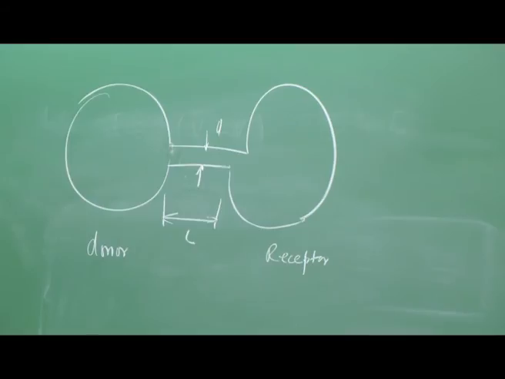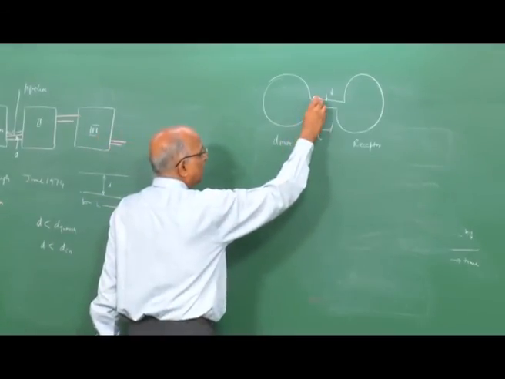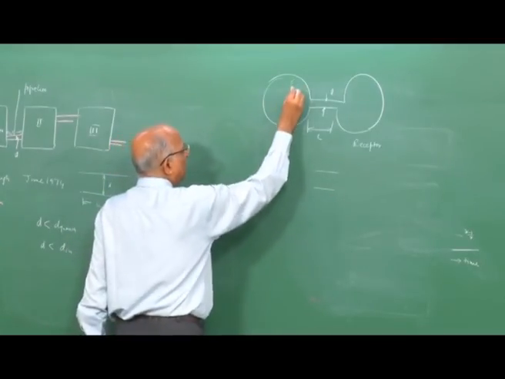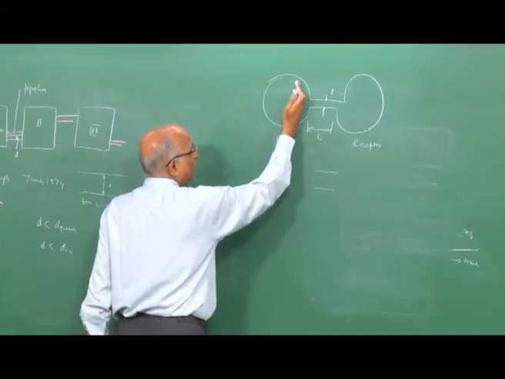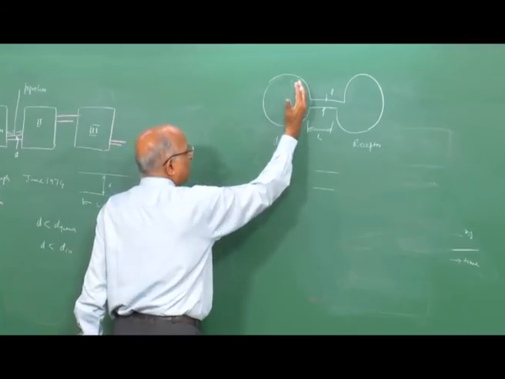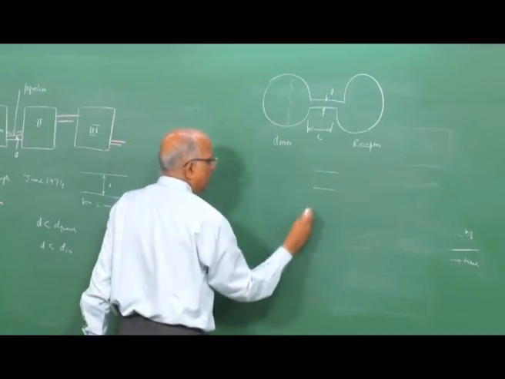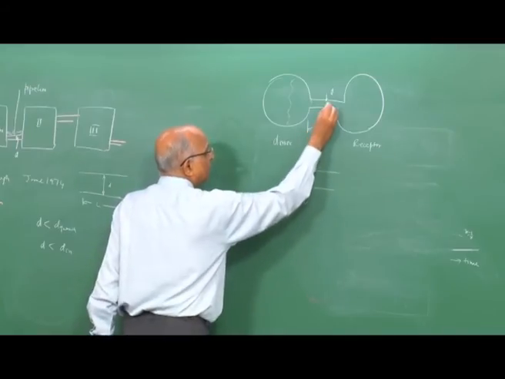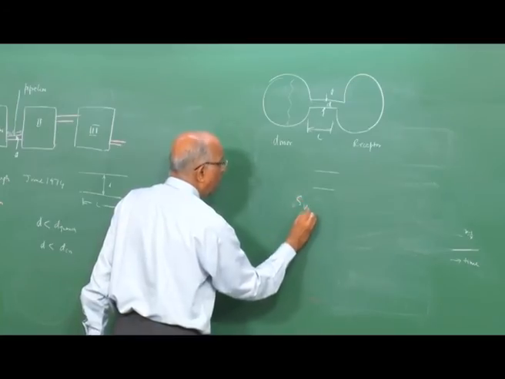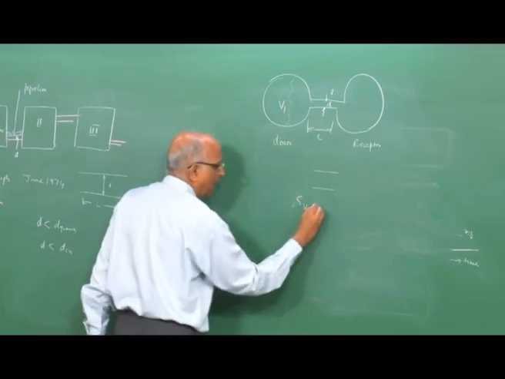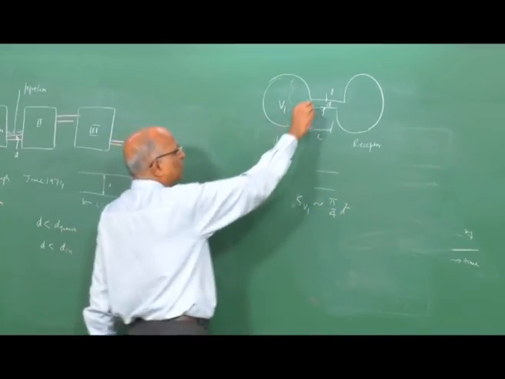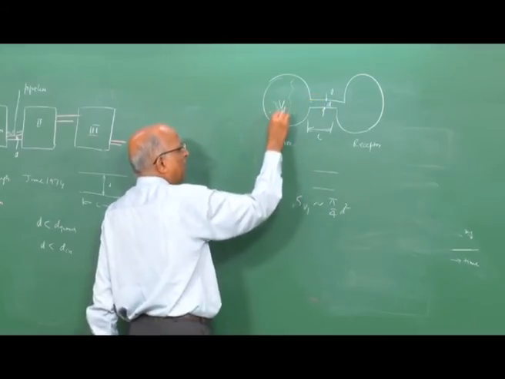Supposing the diameter of this particular connector is such that it is somewhat the same as the surface area of this vessel, or rather, if I say volume and mean surface area, if the cross-sectional area of this vessel corresponding to volume 1 is the same as pi by 4 into d square, then I have such a huge vent that maybe a flame gets started.